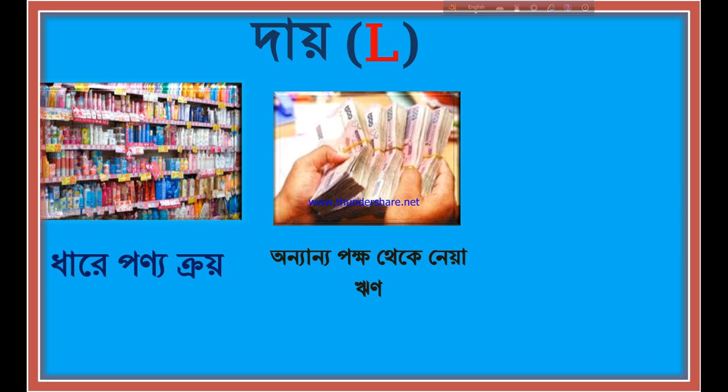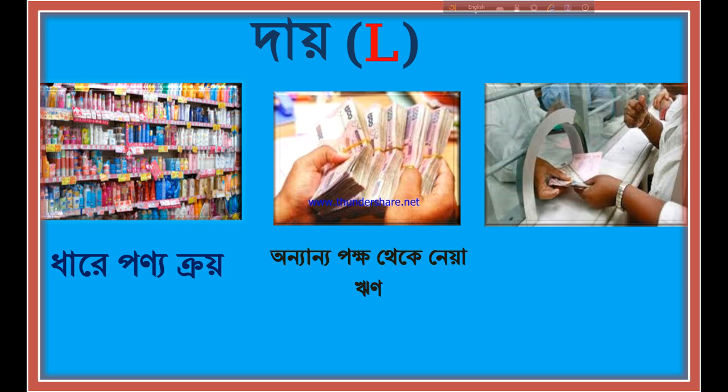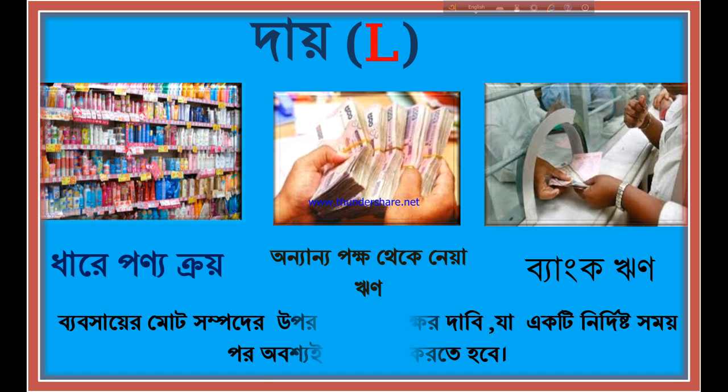If we take a loan from any party, we have to repay the loan. Bank loan: if we take a loan from a bank, we also have to pay at the end of maturity. So these are the examples of liability.